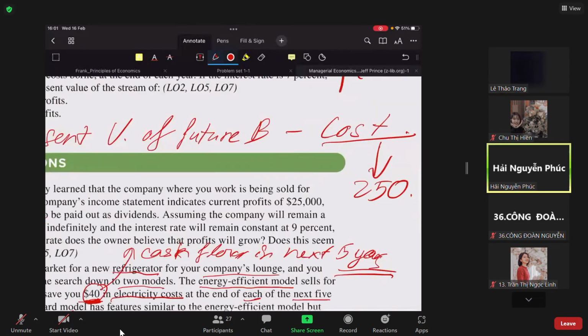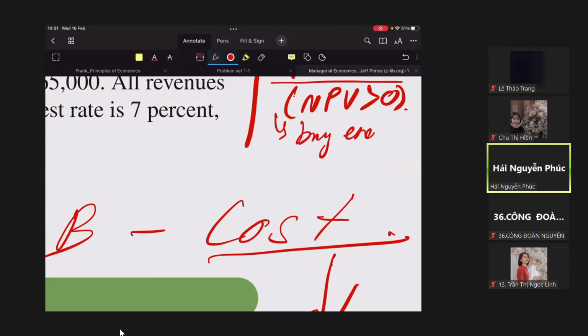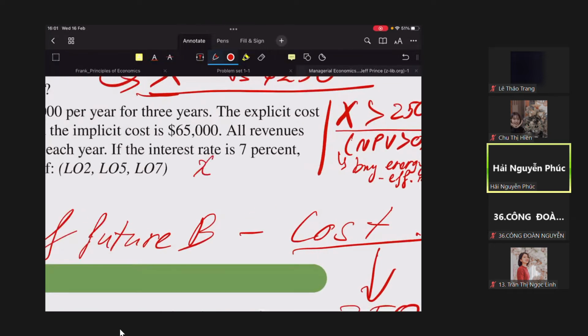Yeah, that's correct. You will buy the energy efficient model, right? Otherwise, if x is smaller than 250, then the choice is to buy the standard model, right? Now let's assume a more tricky question.